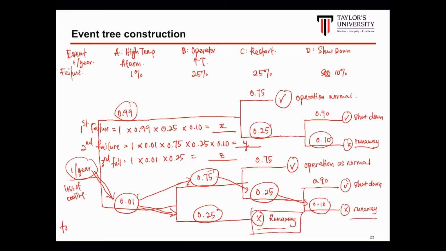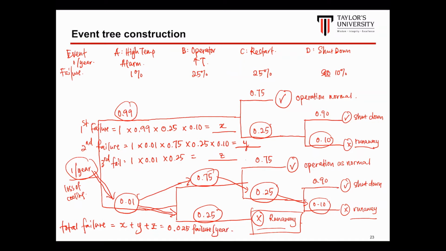So your total failure would be X plus Y plus Z, and you get your total sequence. If you use your calculator, it comes out roughly about 0.025 failure per year.